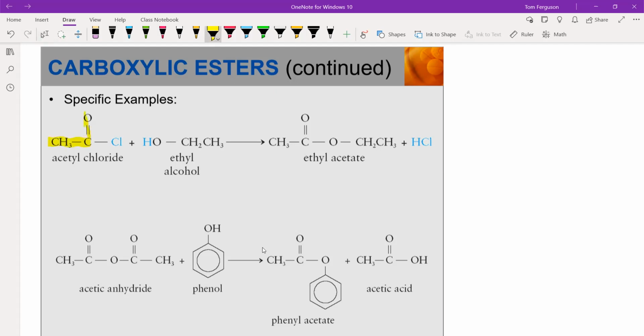So here's the acid piece of the acid chloride. Here's the alcohol. What's left over is HCl.